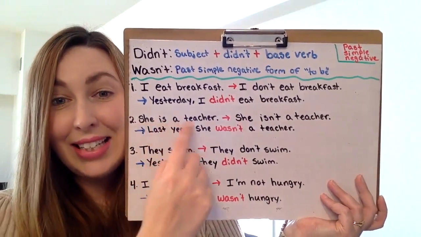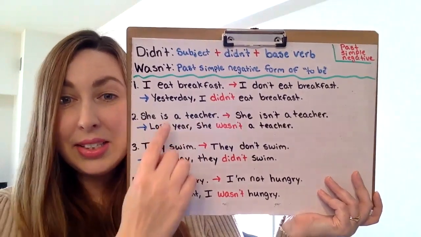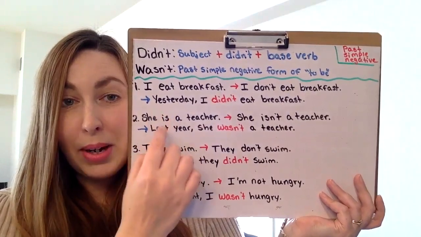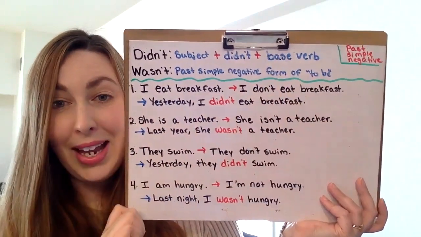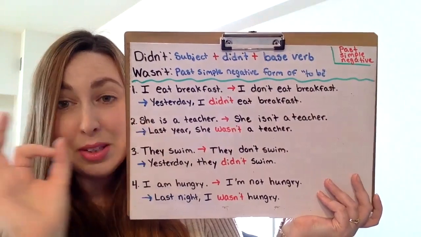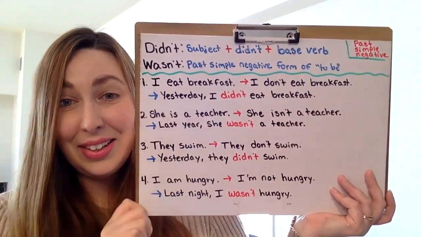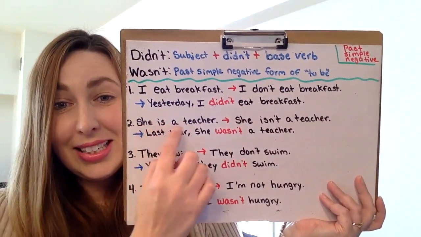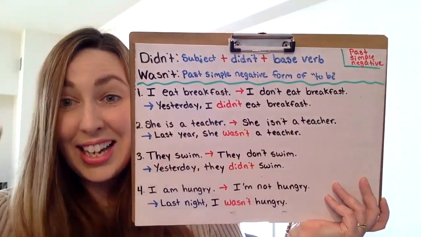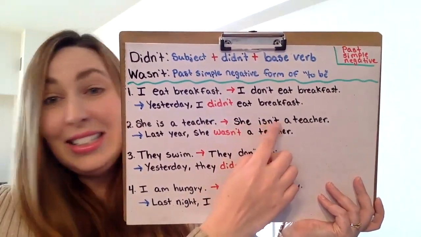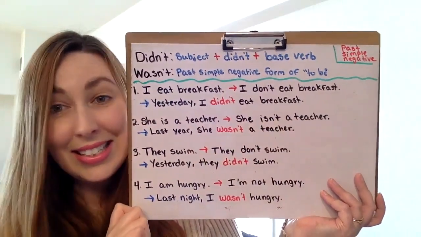She is a teacher. We have is, a form of to be, and we have she, so we're safe. Let's put that in the negative: she isn't a teacher.